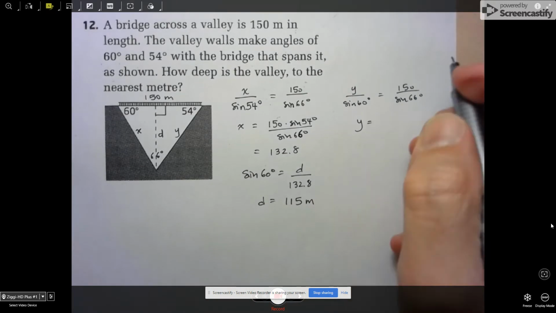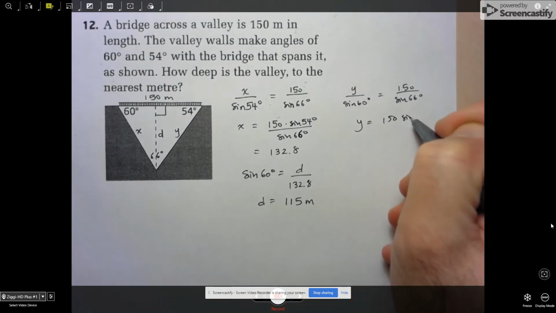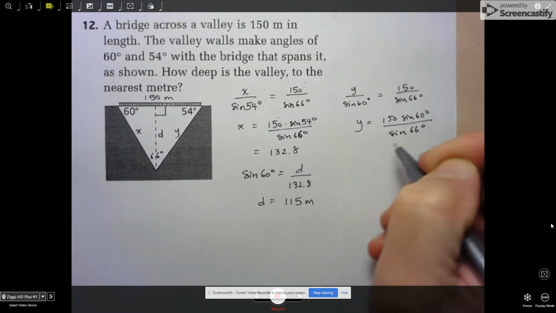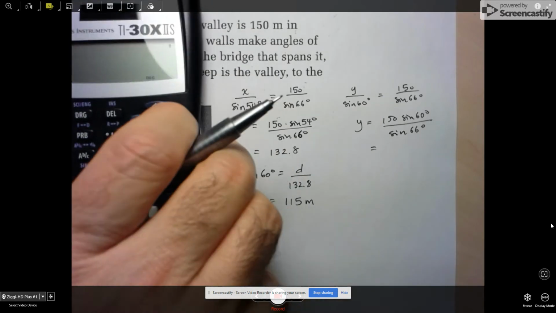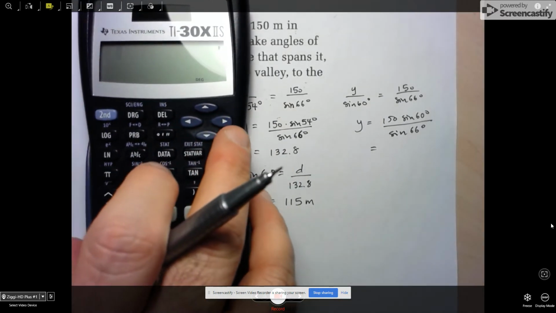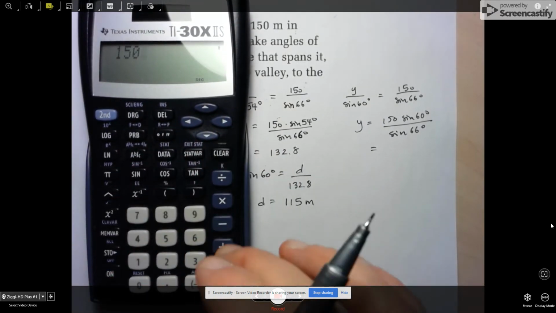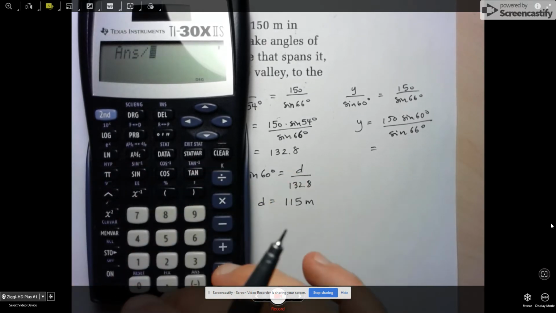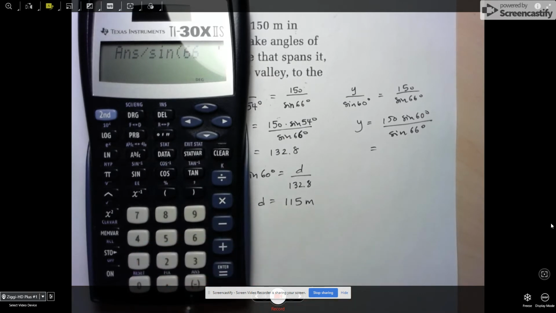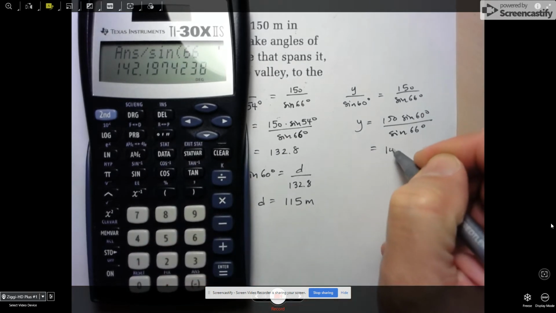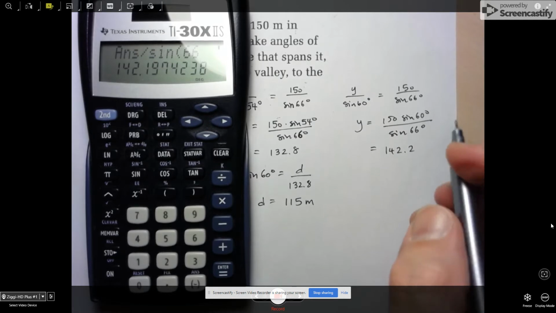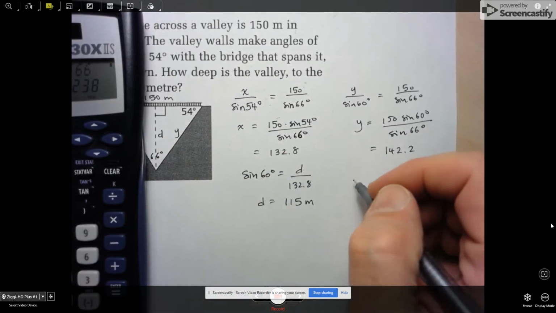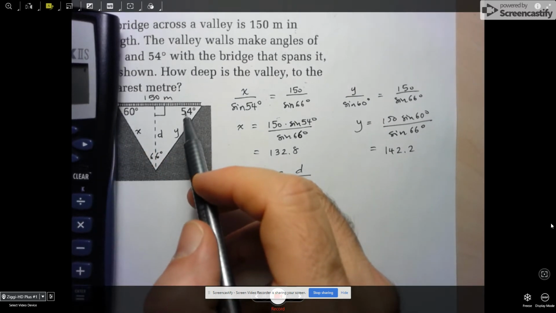So y is equal to 150 times sine of 60 divided by sine of 66, and that's equal to 142.2. And so now if I'm looking for D, here's my angle 54.